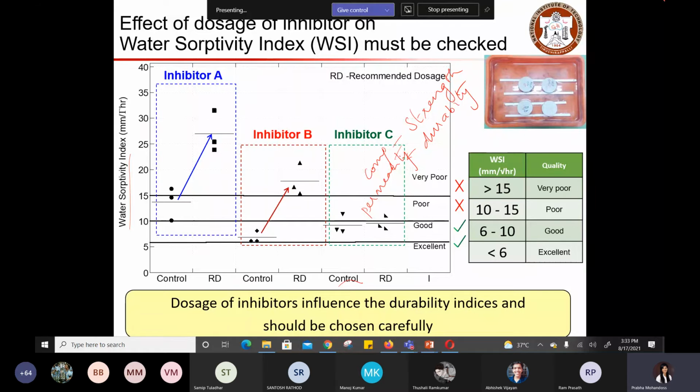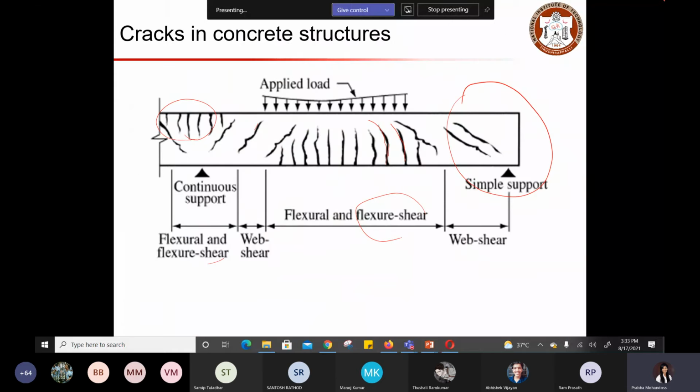You can do this testing, obtain the water sorptivity value, and see whether it lies in the range that you are expecting. If not, you have to discard that concrete material and design the concrete in such a way that you obtain the good or excellent quality that you are looking for. So the dosage of inhibitor has a definite influence on the durability indices, and it should be chosen carefully.